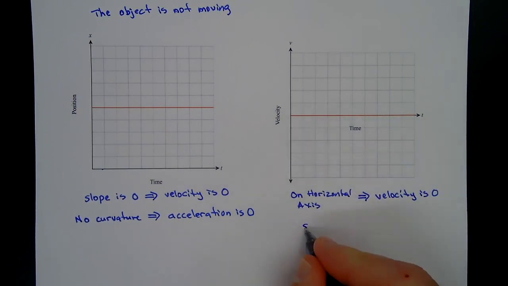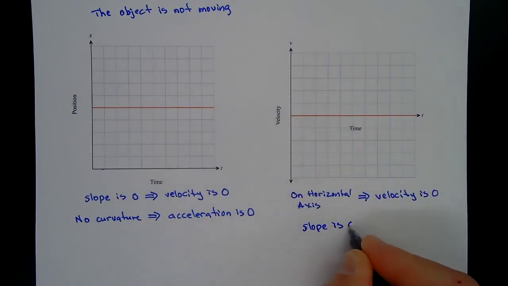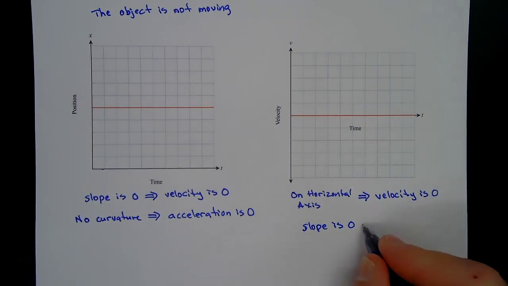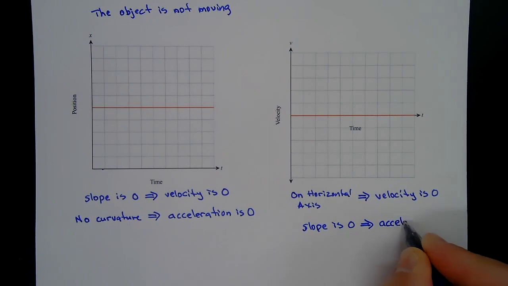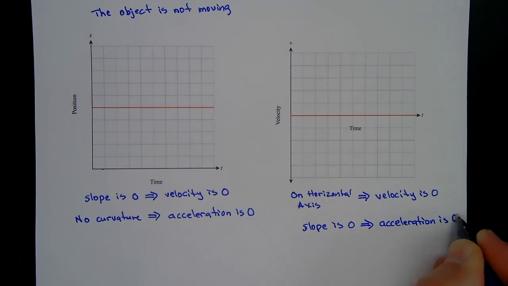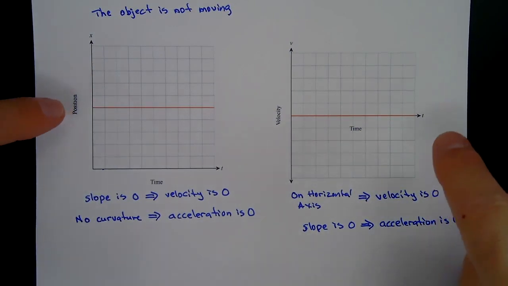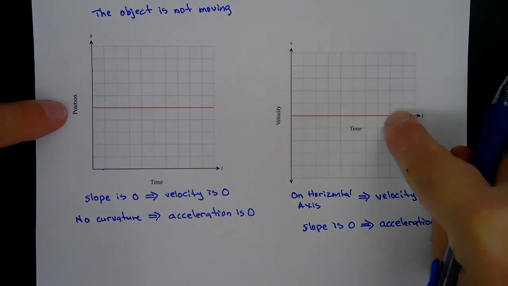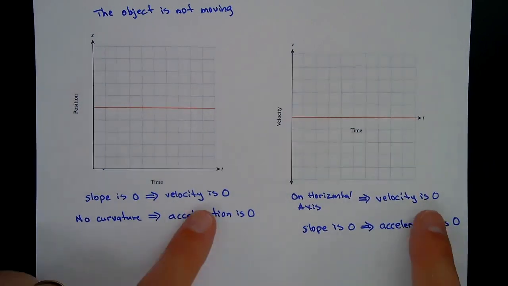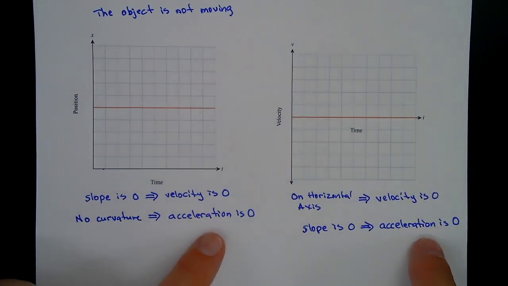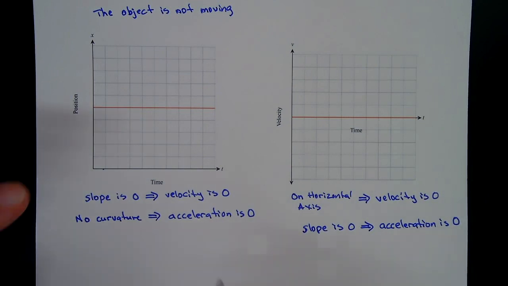So the slope of that line is 0. All horizontal lines have a slope of 0. Okay, so that's telling me that the acceleration is 0. Okay, so both of these describe an object that's not moving, okay? Both of them have 0 velocity and both of them have acceleration that's 0, but we read off the graph 2 different ways. All right? All right, let's go to the next one.